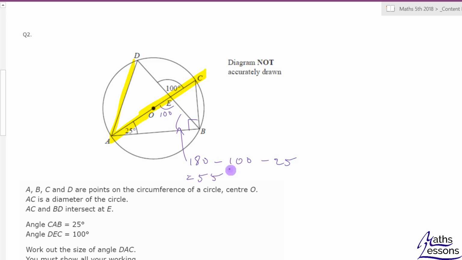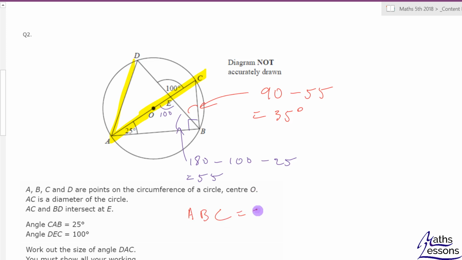And we know, therefore, that this angle here will be 90 minus 55, which gives me 35.